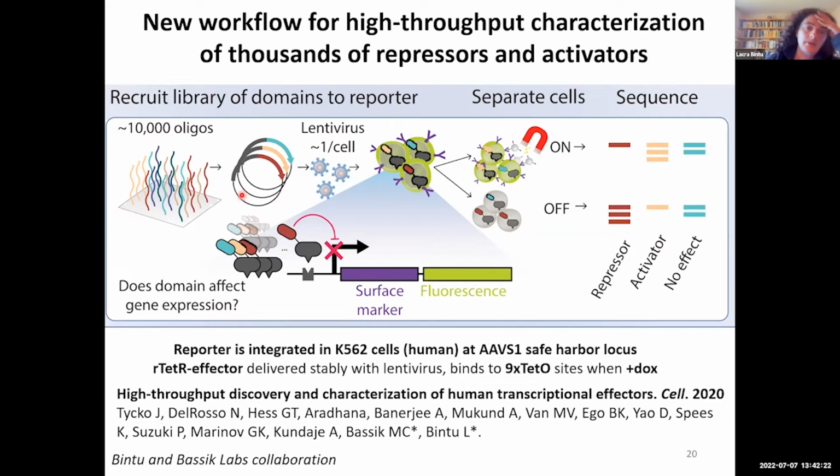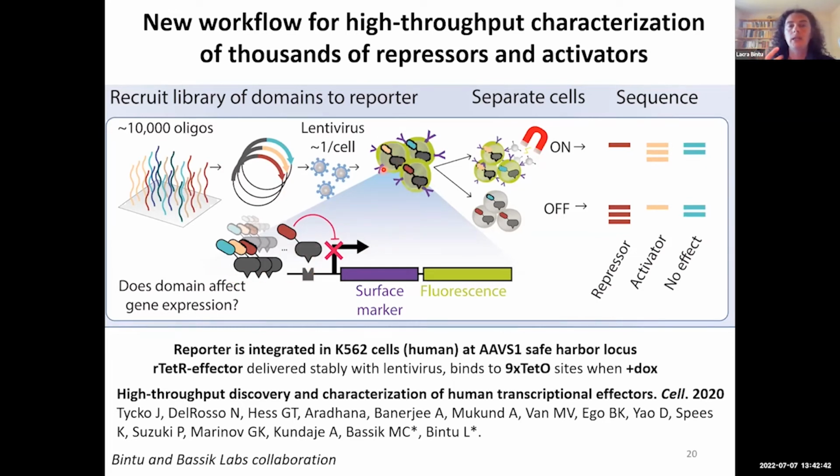We PCR amplify them and clone them as a pool in one tube into lentiviral vectors, then we make those into lentiviruses and infect cells at very low infection rates, such that each cell gets a single effector domain fused to our DNA binding domain that can bind to our reporter.